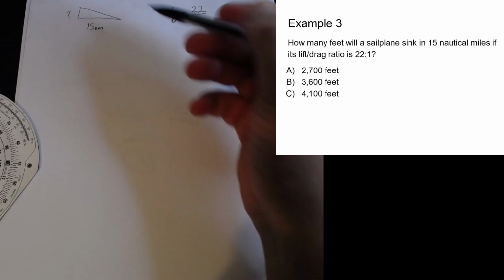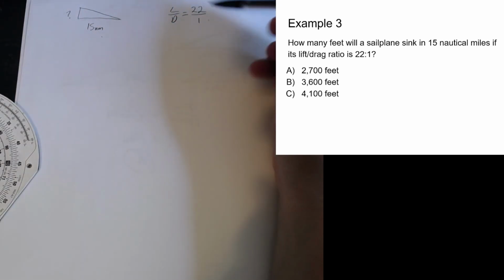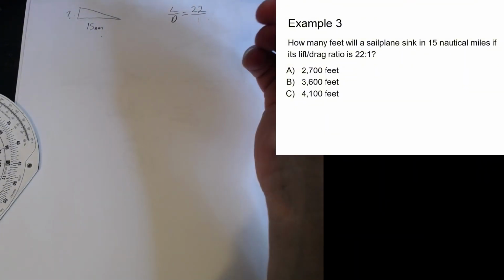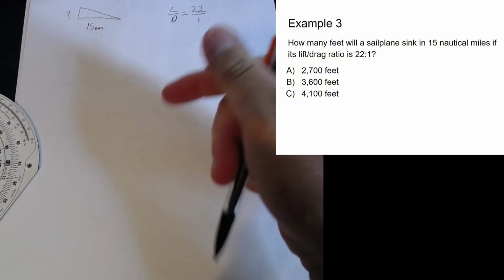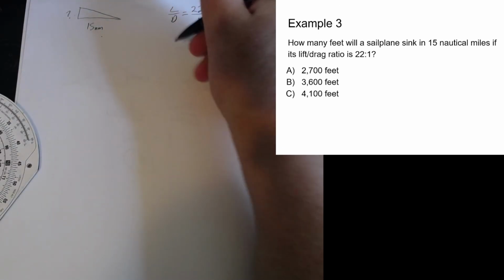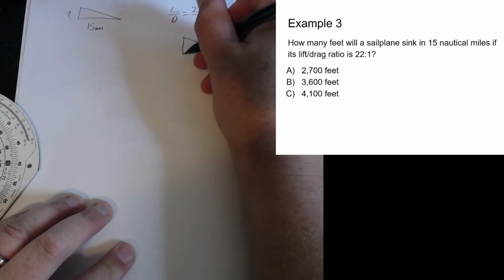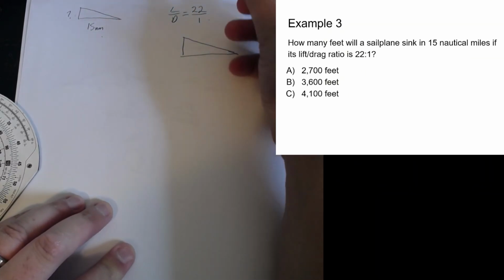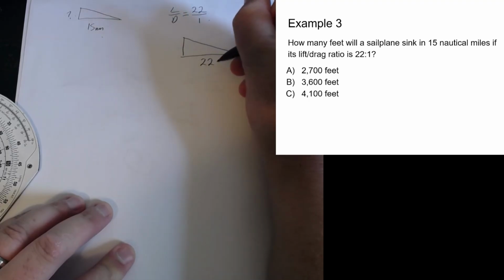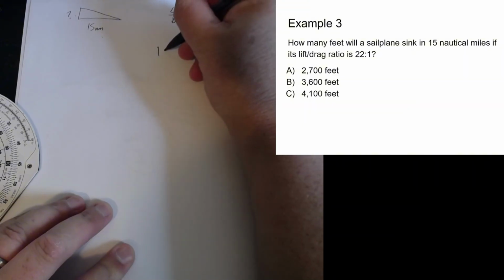So again, they've given us a horizontal distance that we're going to travel. They've given us an L over D. So what's the thing we have to find? The height. They always give you 2 things, and then they ask for the third. Let's draw our L over D triangle. 22 to 1, which they gave us.